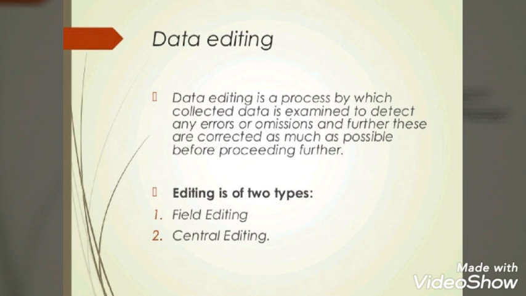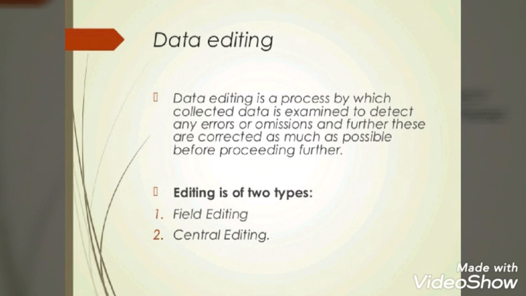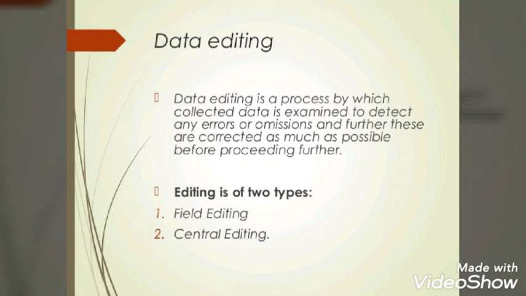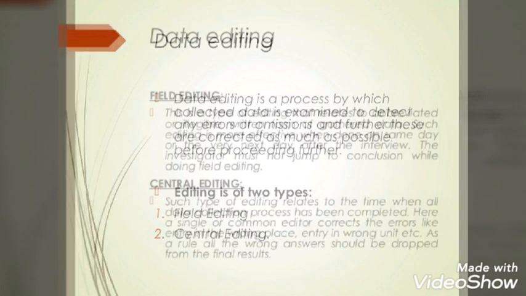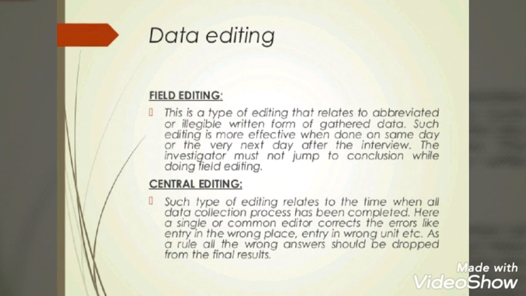It is mainly divided into field editing and central editing. Field editing is when you are collecting data and on the same day you are editing and finishing it, and central editing is when you collect the whole data and at the end you find errors and mistakes to make it perfect data. Field editing is a type of editing that relates to abbreviated or illegible written form of gathered data.